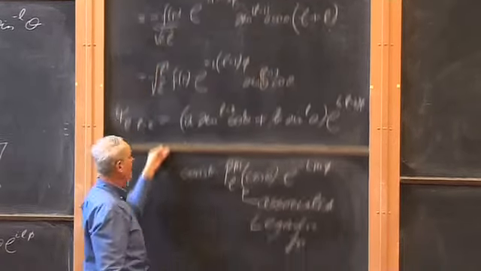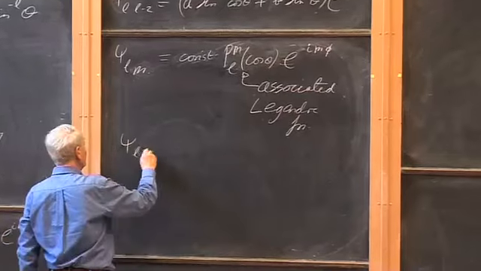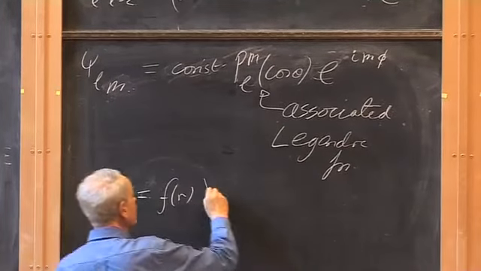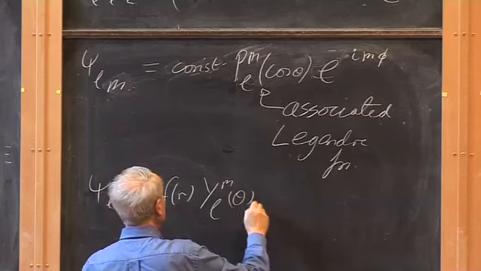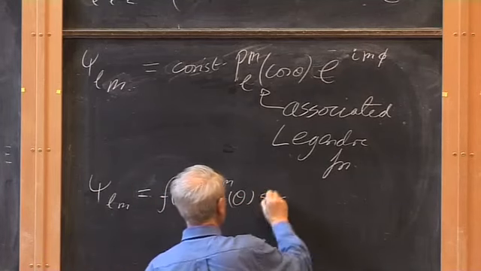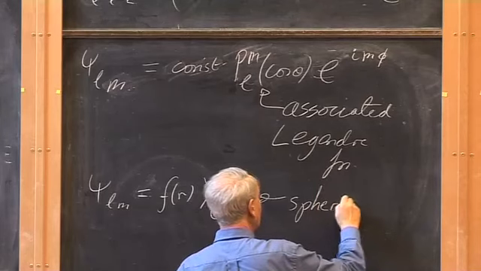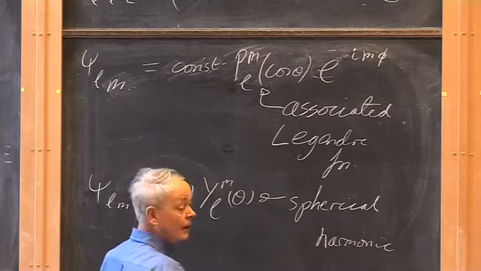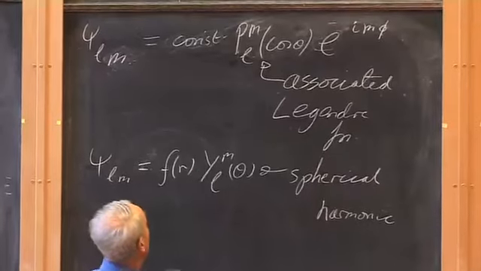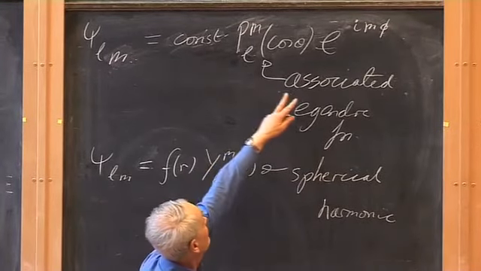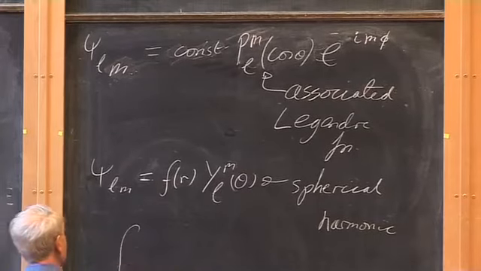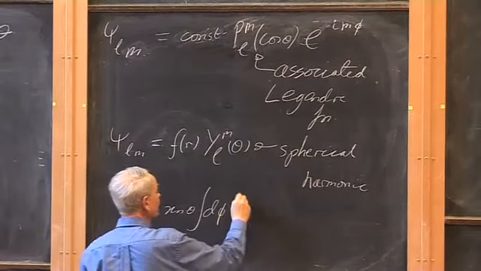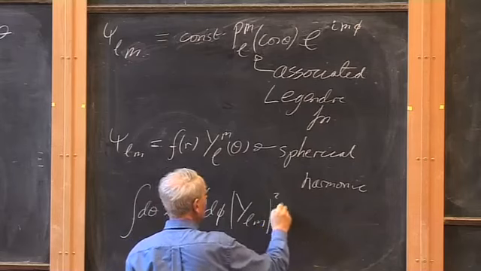How do we normalize this traditionally? What we do is we say psi Lm is equal to some function of radius, to be discussed, times Y Lm of theta, where the spherical harmonic is a multiple of PLM times e to the i m phi, normalized so that if you integrate d theta sine theta d phi over the sphere of YLM mod squared, you get precisely 1.